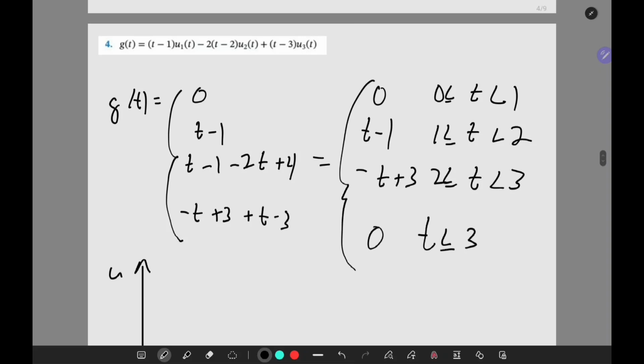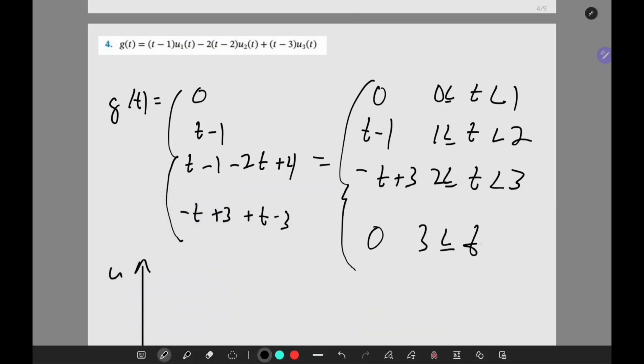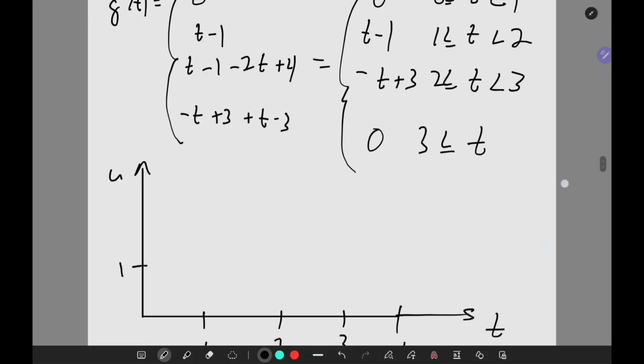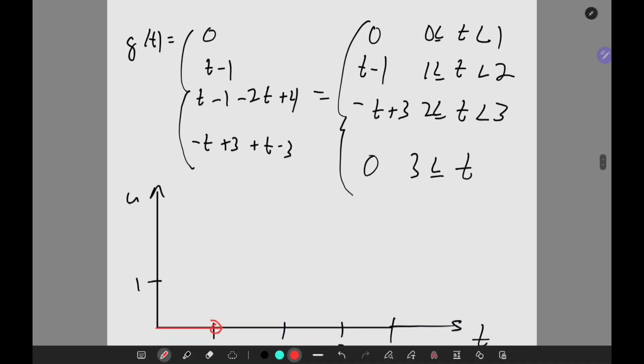Oh, wait. Start with 3. Okay. From 0 to 1. Sorry for going through these fast. The next few I'll go through slower though.